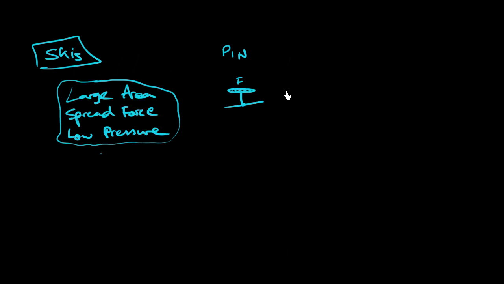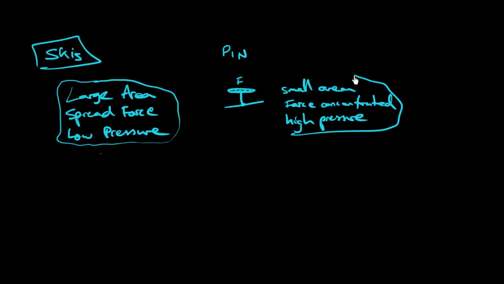So this would be a small area. Force is then concentrated, not spread out, and this therefore would be a very high pressure, right? So you need different ideas for these two.